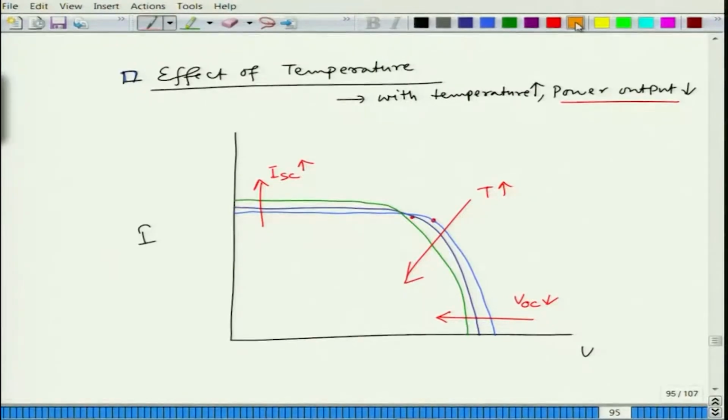And you note here, unlike the effect of irradiation, here you have more. So, let me write, this is the effect on VOC and this is the effect on ISC. So, the observation is VOC is more affected by temperature than ISC.